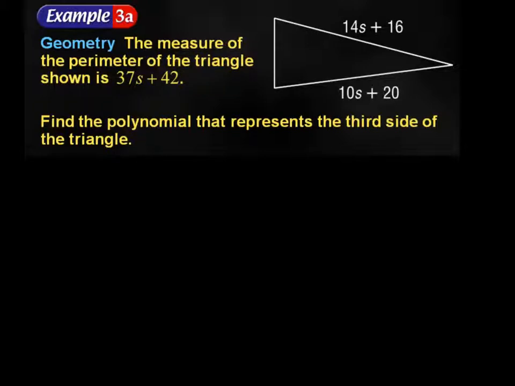Making a little geometry connection here. They say the measure of the perimeter of the triangle, so all the way around the triangle, is 37s plus 42. Find the polynomial that represents the third side of the triangle.